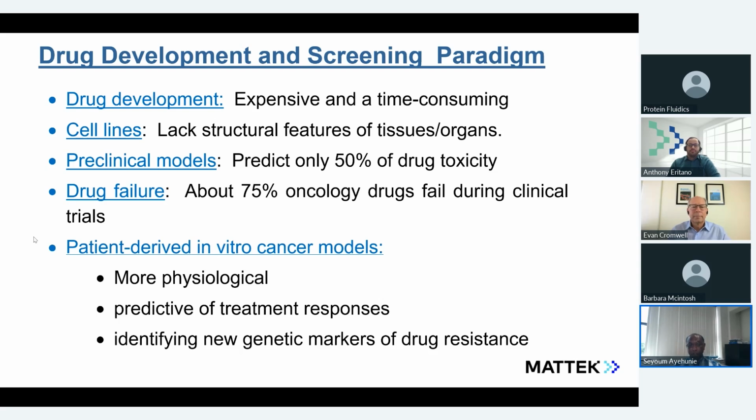So we move to patient-derived in vitro cancer models, because they are taken from the patient and they are more physiological, and they can predict treatment responses in humans, and they can also identify new genetic markers of drug resistance. Due to this, they have high prediction capacity of human responses. Next slide, please.